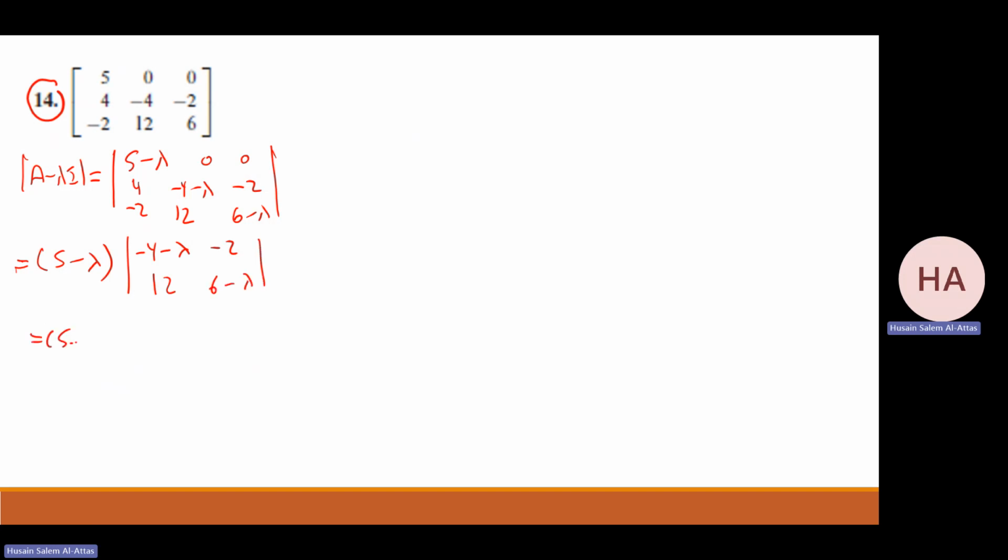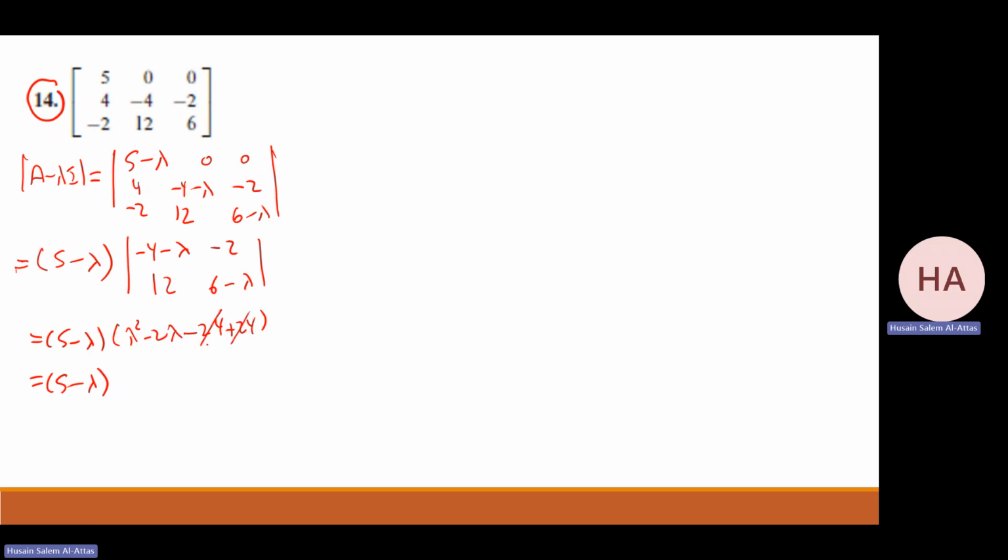That is what? 5 minus lambda times what? Times lambda square. Okay. Minus 6 lambda plus 4 lambda. That is minus 2 lambda. Minus 24 plus 24. So that will be 5 minus lambda.